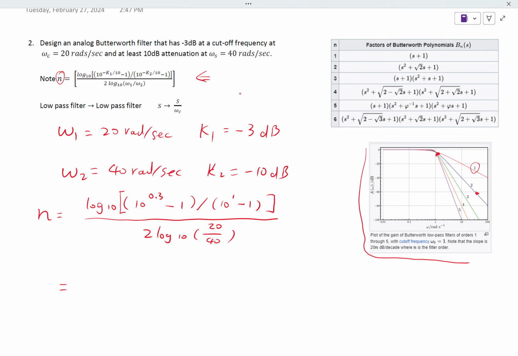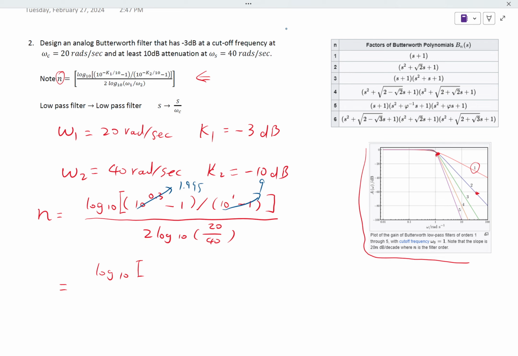If you use your calculator, what I get here is, log 10 inside of this part, I will change another color, this part becomes 1.995, so minus 1 becomes 0.995, and this is 10, so this whole thing becomes 9.